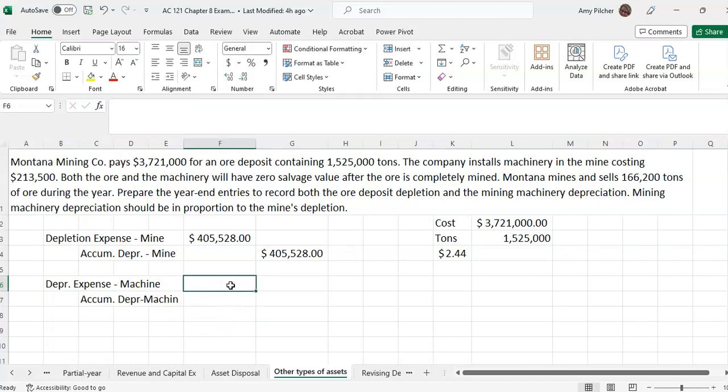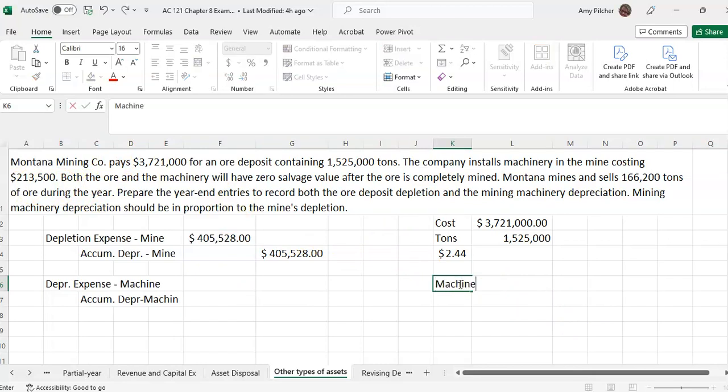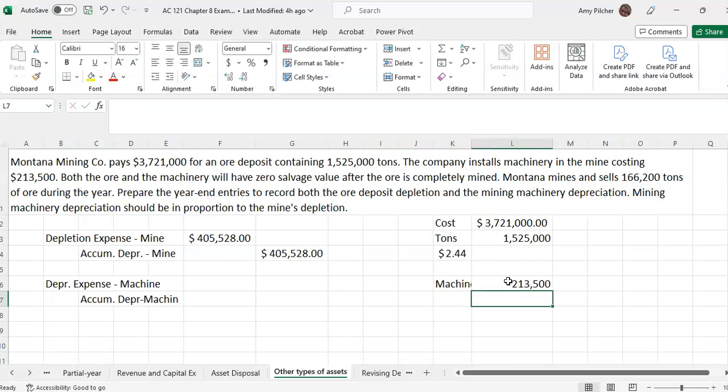Okay, so the information we have about our machine is that the cost of our piece of equipment was $213,500.